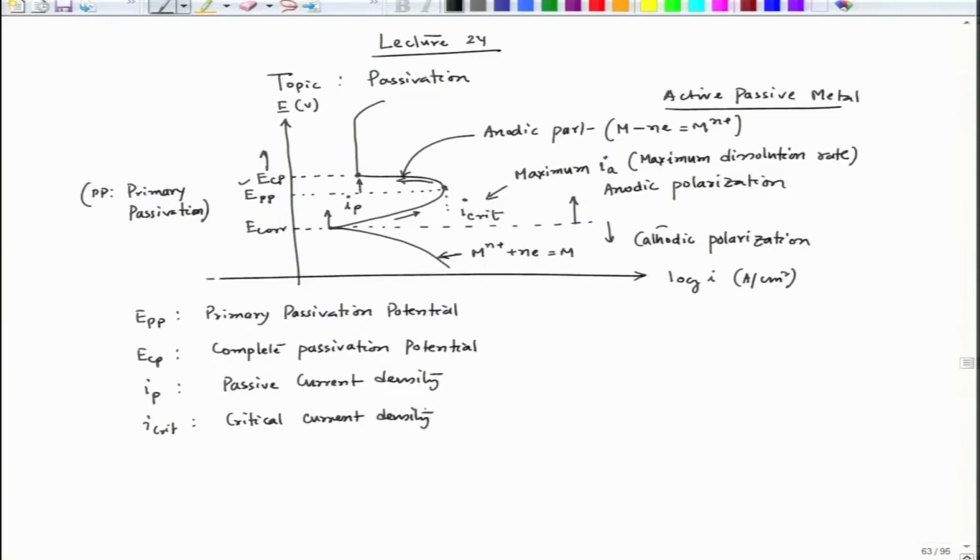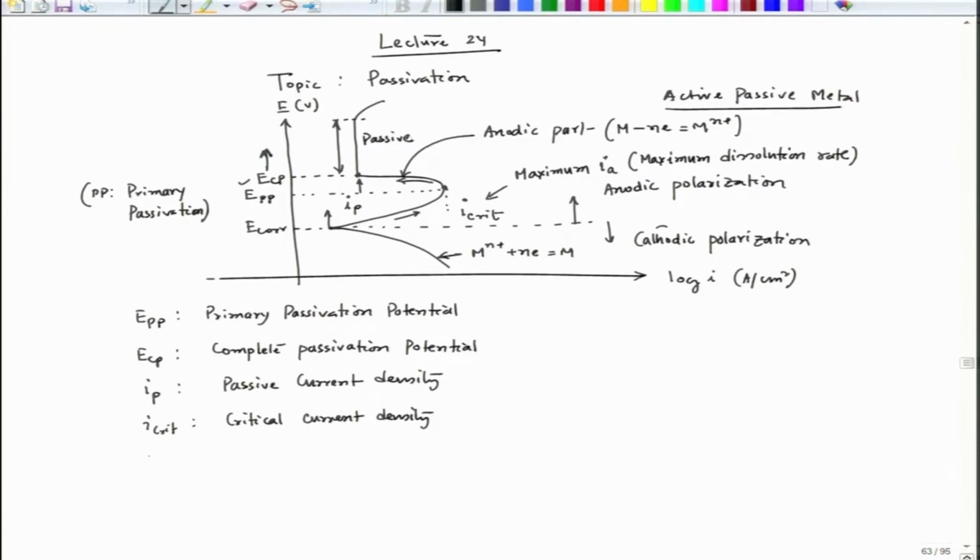Then as the potential increases, we will see that the current value, which is I P, is maintained constant in this particular segment. This segment we call the passive region.